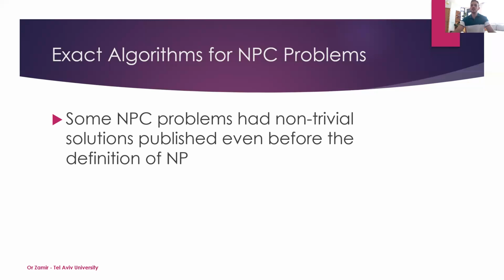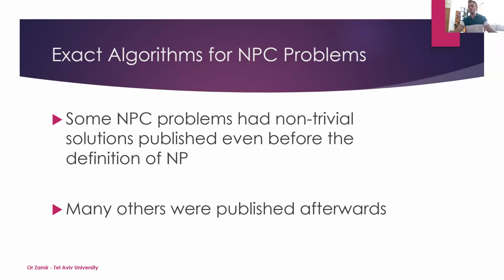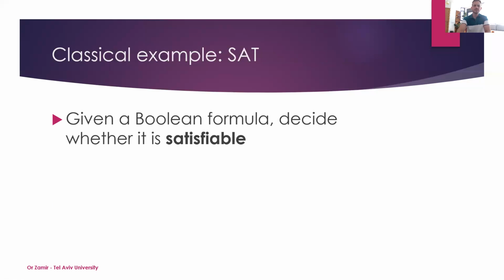After we defined the formal notion of NP-completeness and the community understood the importance of these problems, obviously much more work was done towards these problems. So nowadays we have non-trivial exact algorithms for almost every NP-complete problem you can think of.